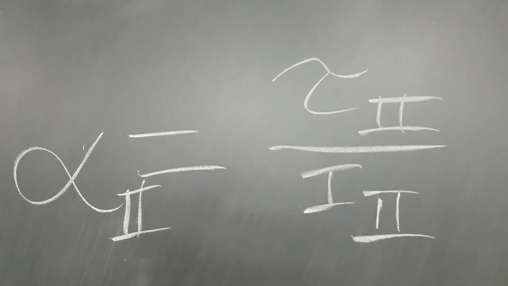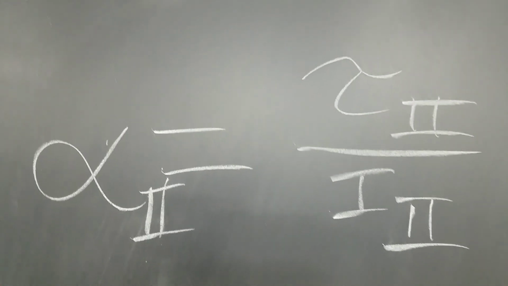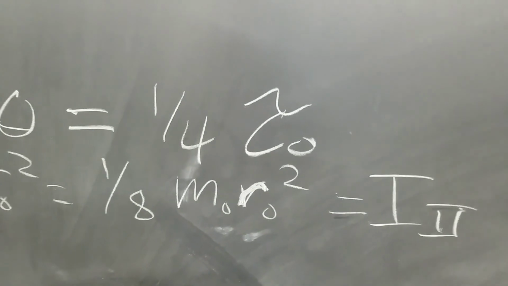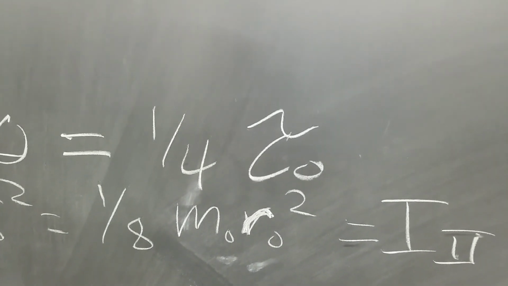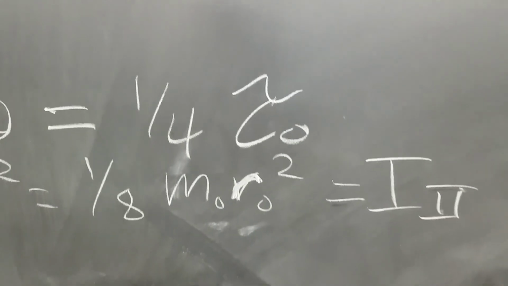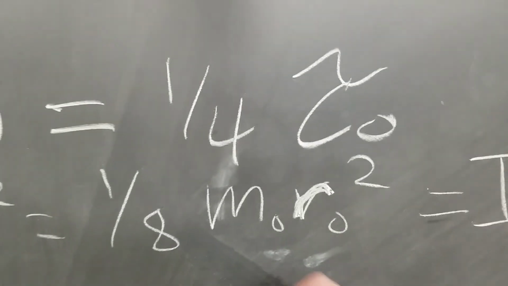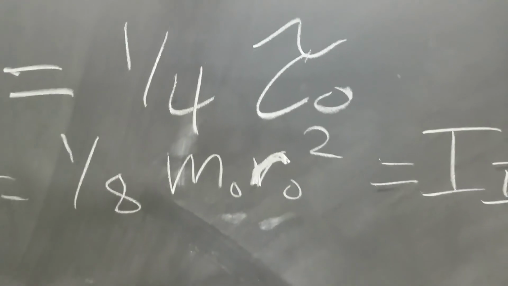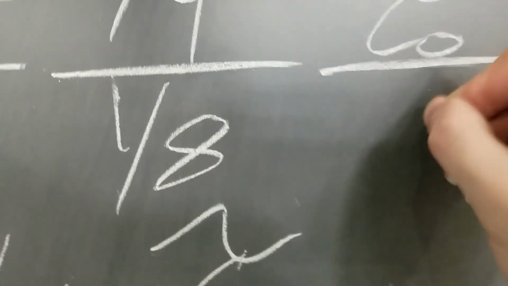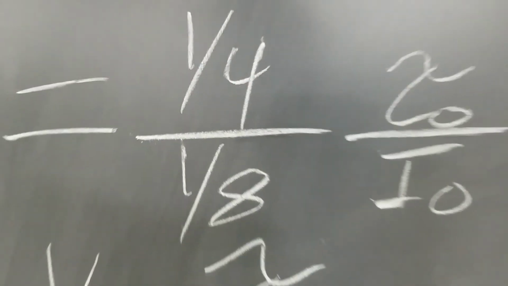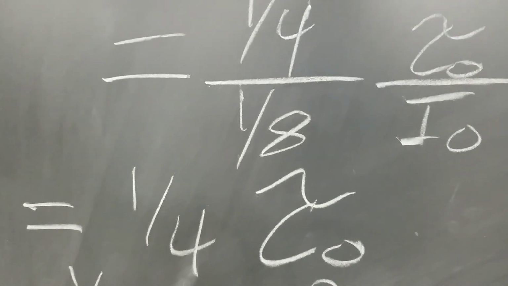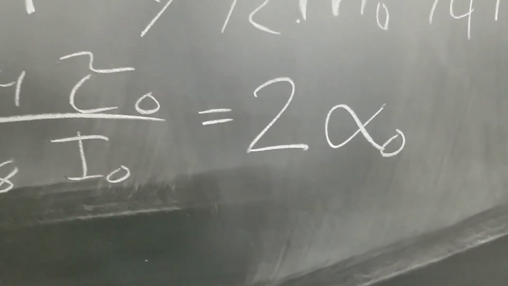If I resolve this in terms of our known values, which is 1/4 tau naught and 1/8 of I naught, because m naught r naught squared is just I naught, then I'm going to get that alpha 2 is really 1/4 over 1/8 of tau naught over I naught, and 1/4 divided by 1/8 is really 2 alpha naught.